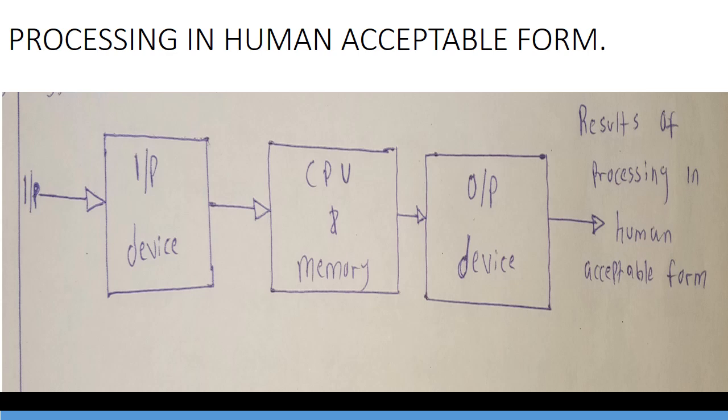This is the only process by which a human being will be able to accept the way to use a computer system, from input to the central processing unit, then after the central processing unit to storage. Why they join the central processing unit and memory here is that the storage is embedded on the central processing unit, so they are in the same chip.